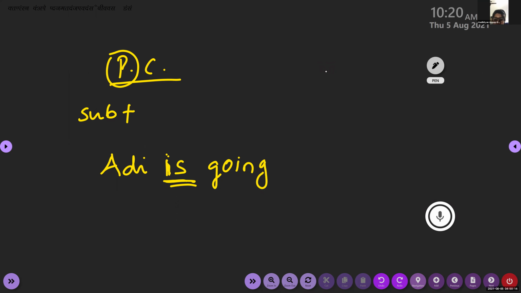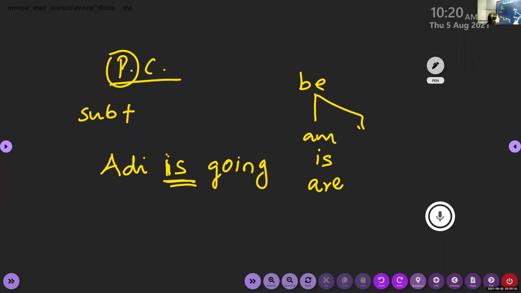No. Then what is it? What is the past form of the word is? See, the present form of be is am, is, are. What is the past form of be? Instead of am and is, what can you use in past?